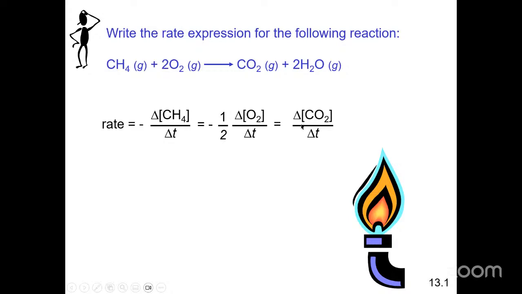And then when we get to the water, because of the 2 here, this becomes half of the rate of change of H2O. So basically you see the role in this expression where the coefficients come into play. For each of these substances, you put 1 over that coefficient beside the term for the rate of change of that substance. And that's basically how that is done.